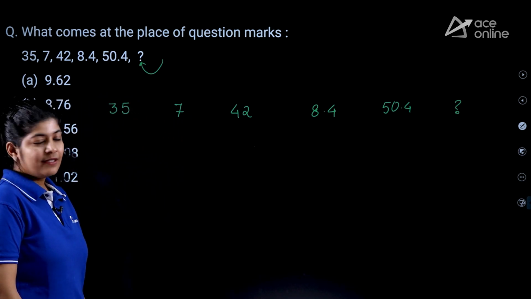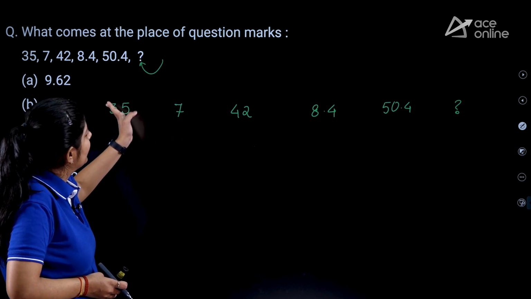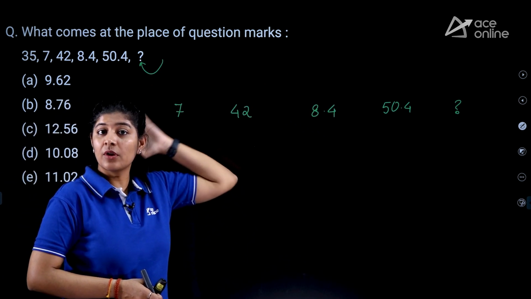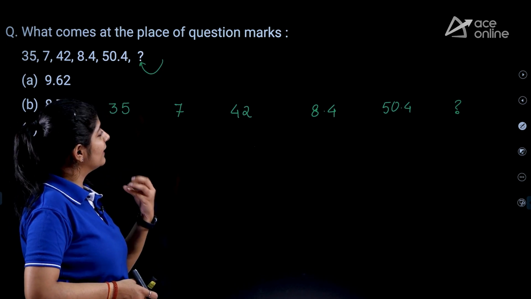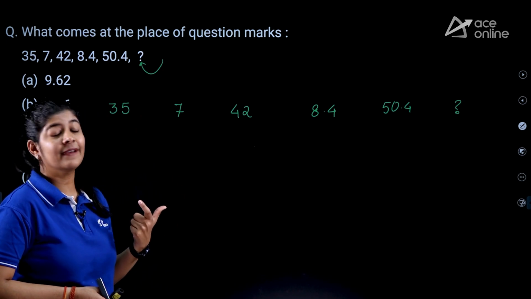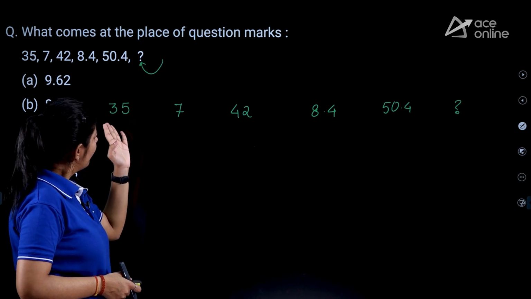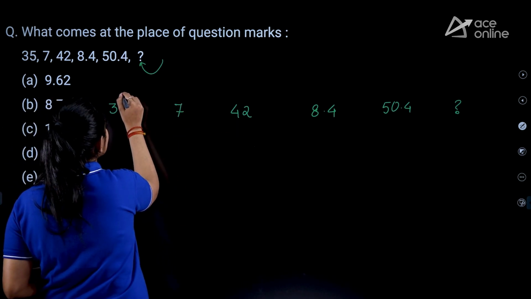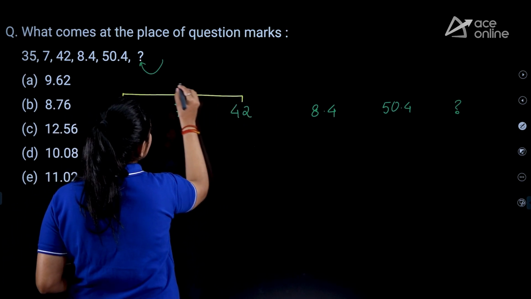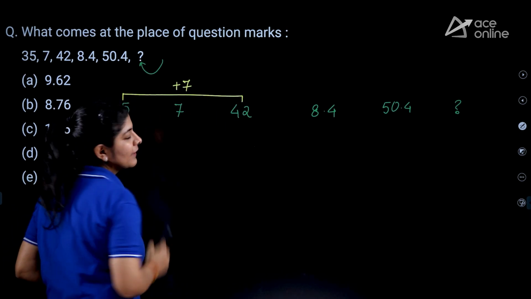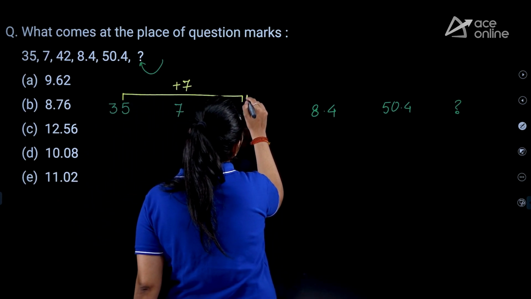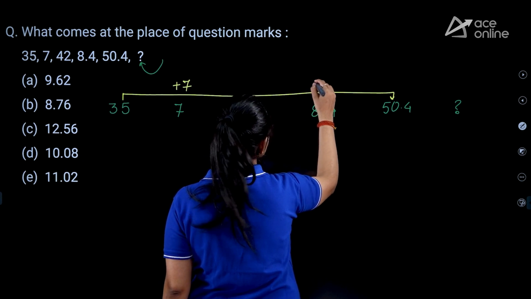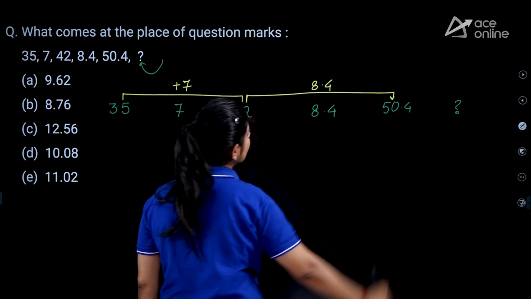Now, I can see that the numbers are increasing here and increasing here too, in alternate sections. But what we need to do is identify the pattern. When I look at the pattern hidden over here, the difference between these two terms is plus 7, right? The difference between these two terms is 8.4.